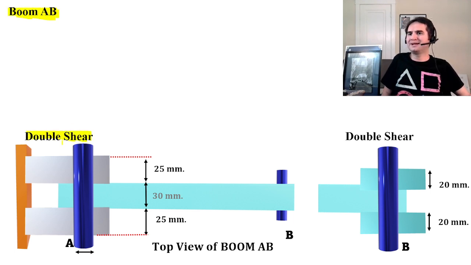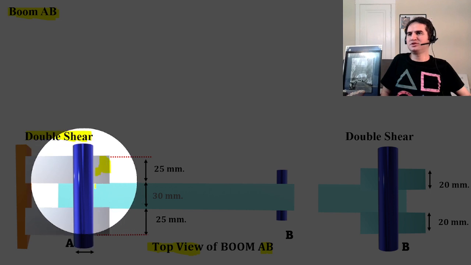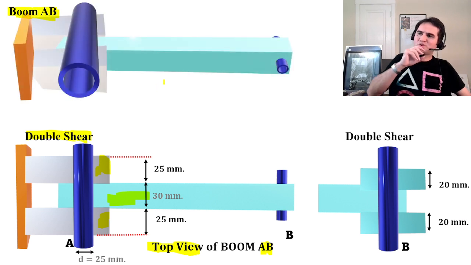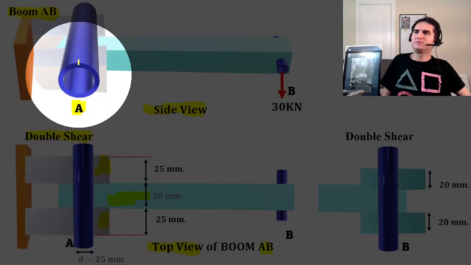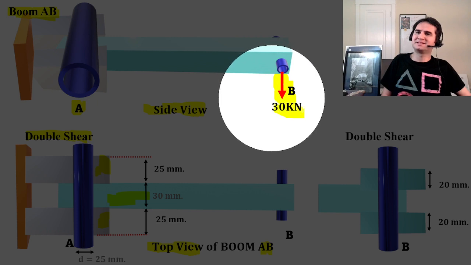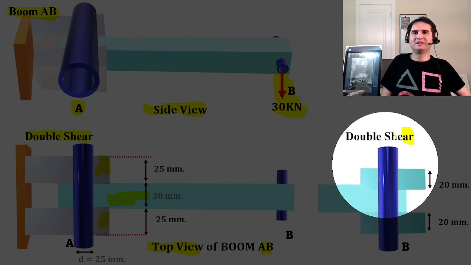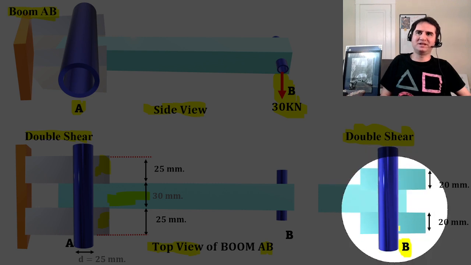If you look at the top view of boom AB, you can easily see that it's in double shear, two sections. And that's a side view of boom AB, which handles the 30 kilonewton downward force at the end, which is B. And again, you can easily see B, the far end, is also in double shear.